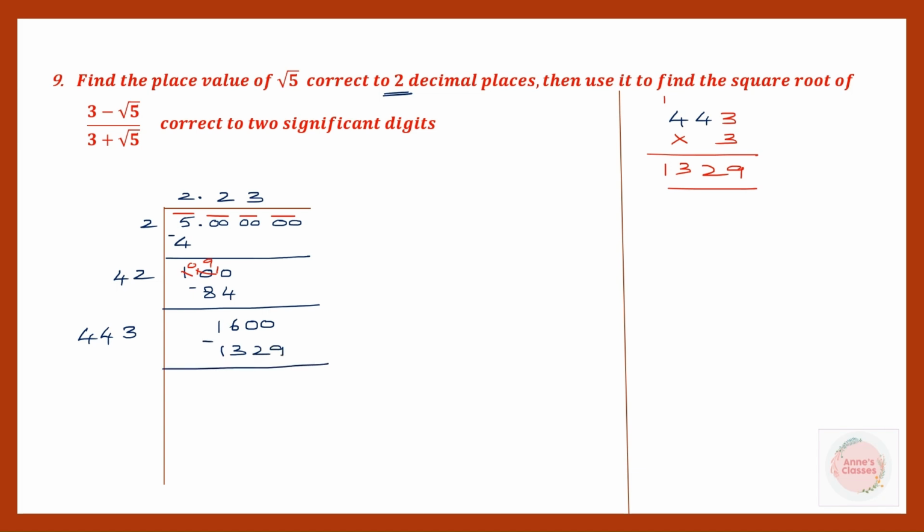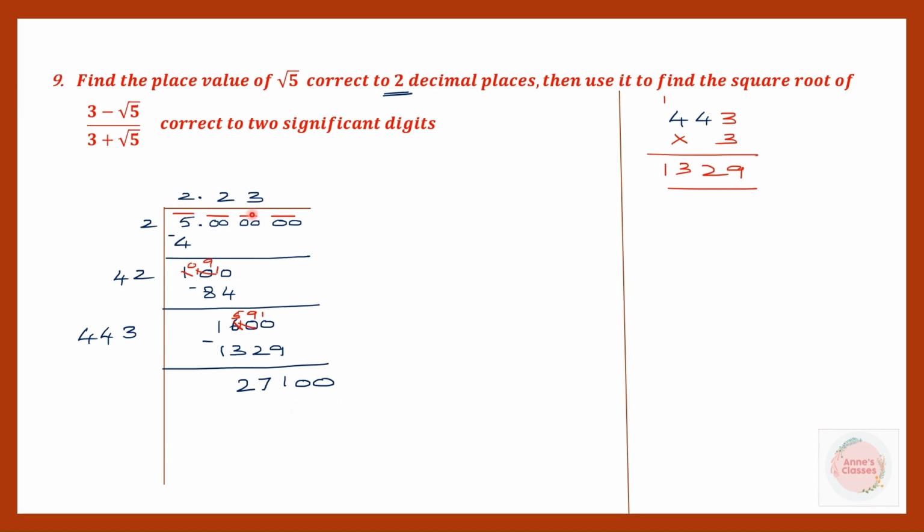So again borrow 10, that has become 9, and now this has become 10. Now 10 minus 9 is 1, 9 minus 2 is 7, 5 minus 3 is 2. Now we bring down the last pair of zeros. So let's write that down. So now our number is 27,100.